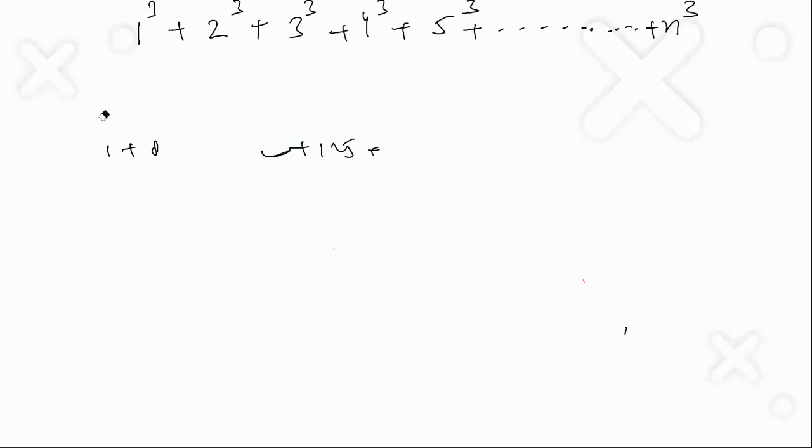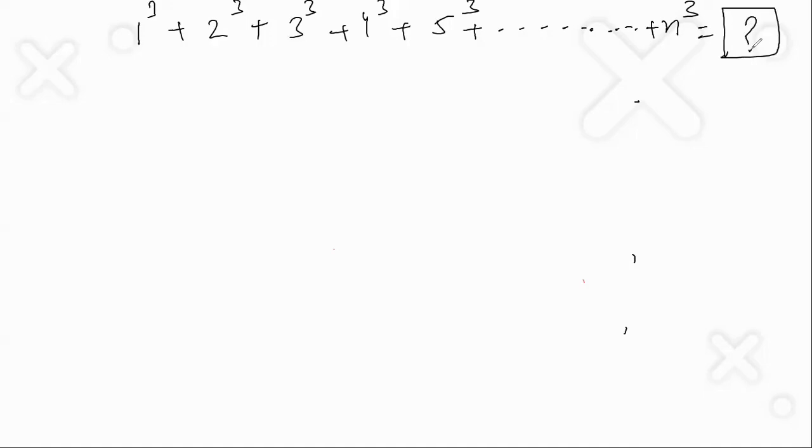But if we have the formula, we will put n equals 7 in the formula and easily find the answer. So what is the formula basically? We are going to discuss the proof of that formula, right?